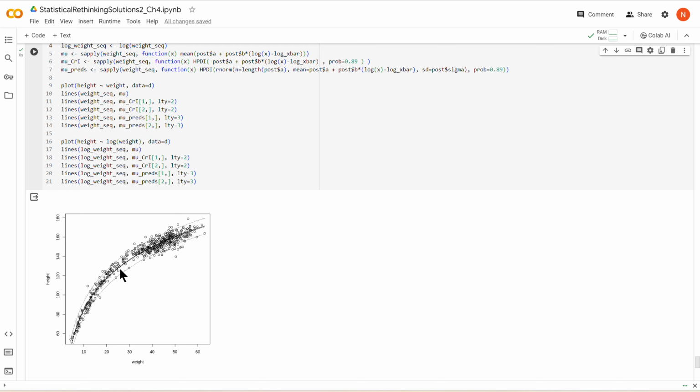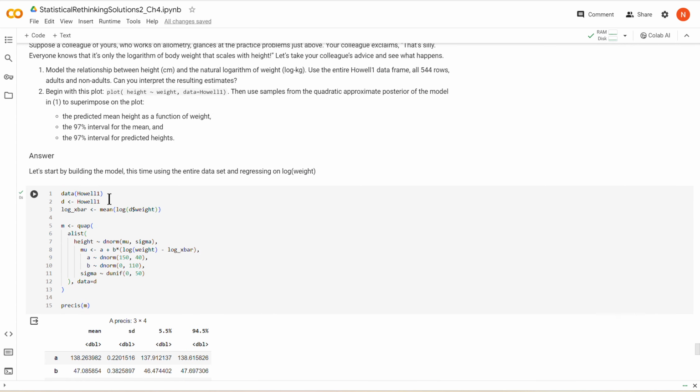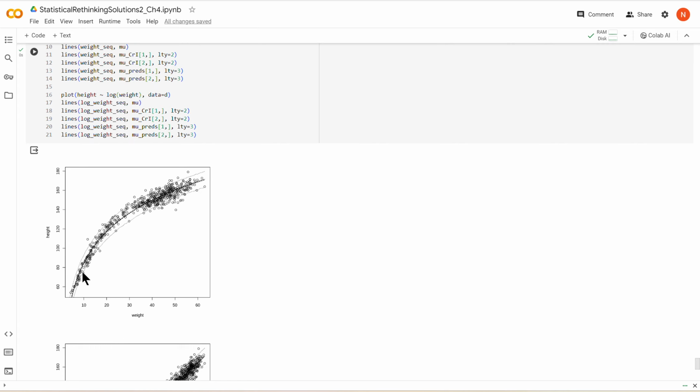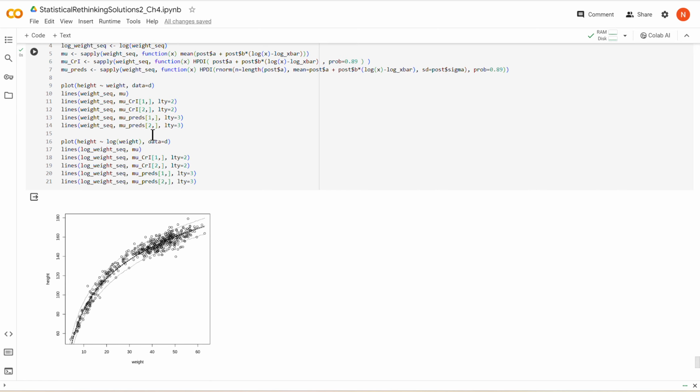You can still see that there might be some bias here, but it does a pretty decent job. There's also a problem that we saw in the last question, which is that the model assumes one value for sigma, but we see that the variance around the mean seems to be increasing with increasing weight. I'm just noting that for right now.